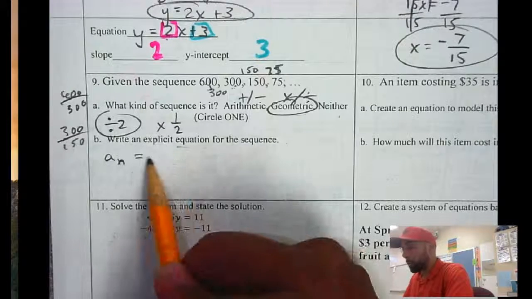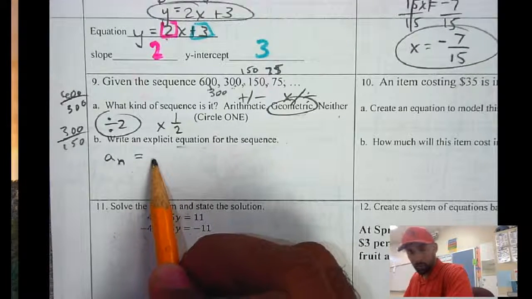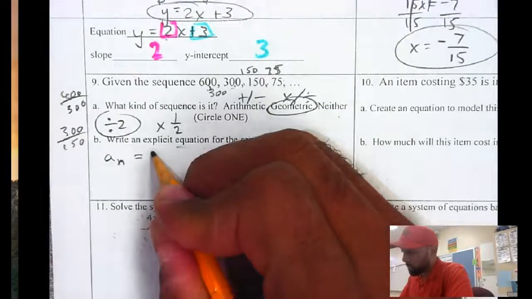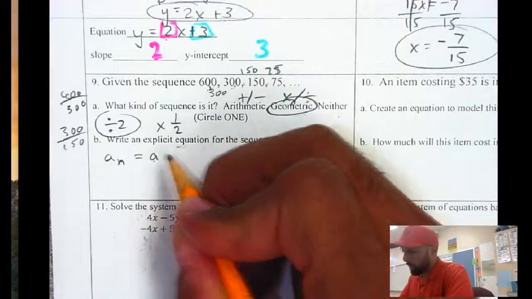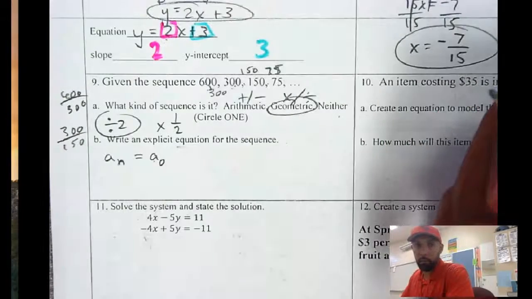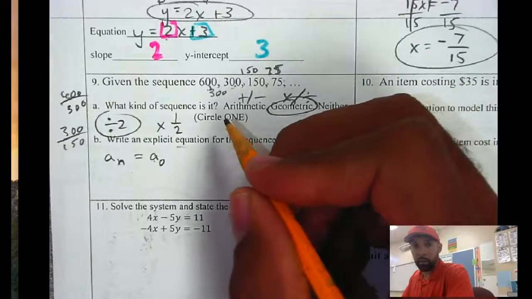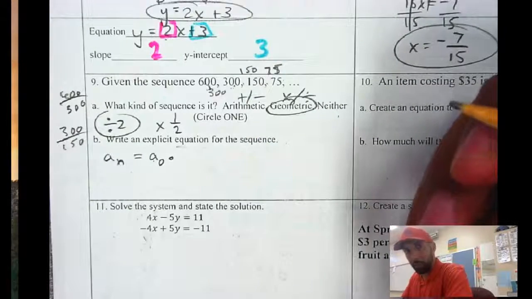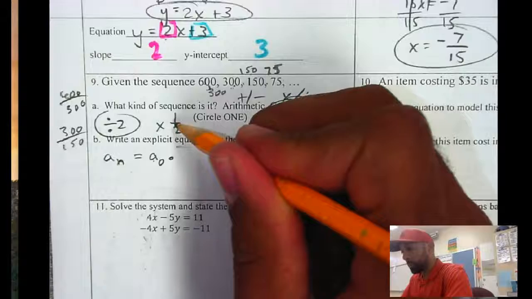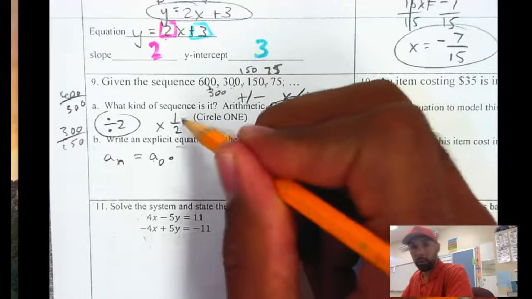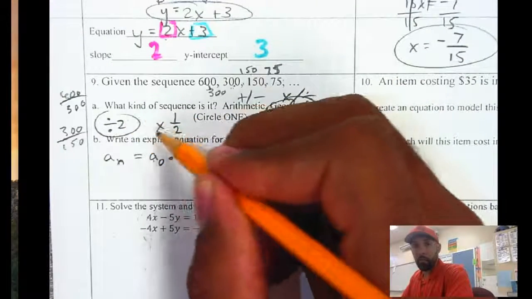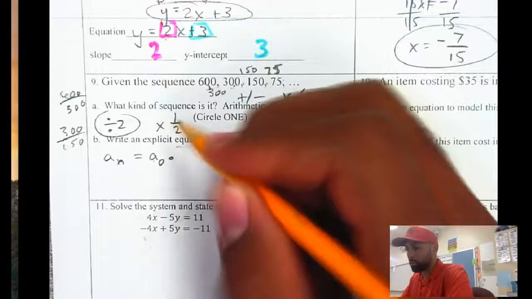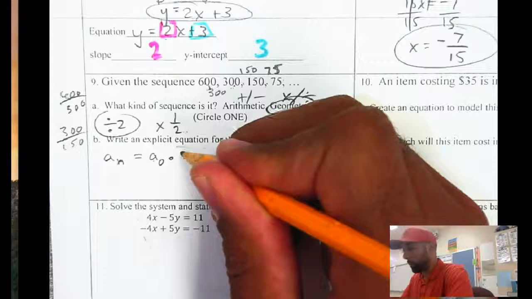Then we're going to put the starting number, our very first number, which we can call a sub 0 or t sub 0, or whatever you want to call it, times, because we're multiplying something, our multiplier. And in this case, you multiply by 1/2. You're dividing by 2, so we're going to do multiplying by 1/2.